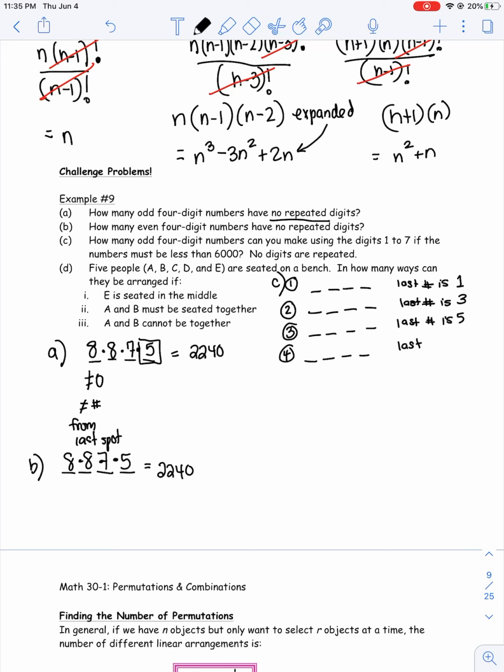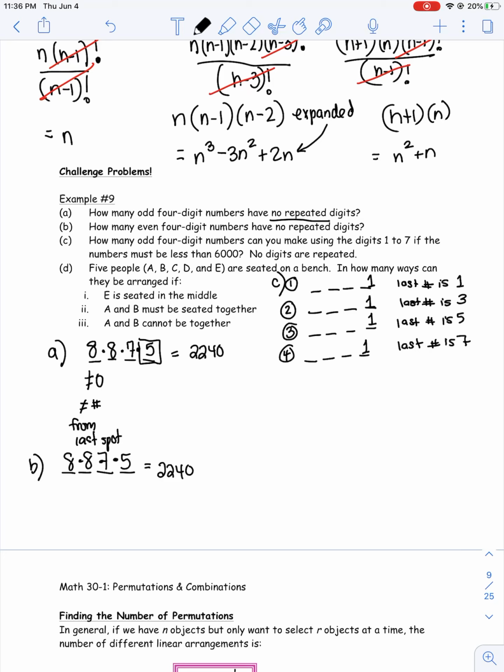And finally, what is the case where the last number is 7? So that's going to be important because we need the number to be less than 6,000. So if there's a 1 in the last spot, there's only one choice for the last spot, because we're already using the cases to say what the number is. In the first case, there's only one choice because it has to be a 1. Second case, it has to be a 3. So that's one number that's possible there.